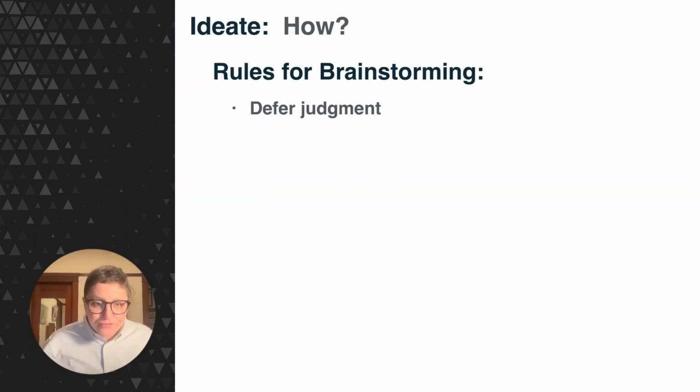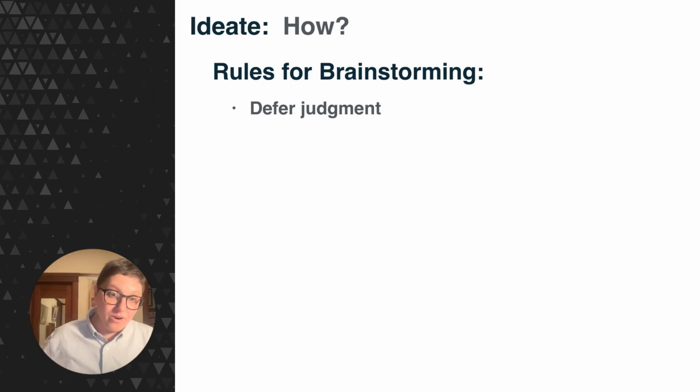So there's some rules for brainstorming to help you to get into that generative place. So one is deferring judgment. In a group, you would want to be sure that you're not shooting down each other's ideas, not saying no, no, no. But also for yourself independently, sometimes we have that little voice in our head that says, that's a bad idea.